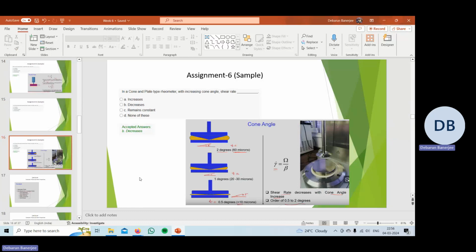It decreases. If you see, shear rate is inversely proportional to beta, which is the cone angle. So with increasing cone angle, shear rate decreases, in the order of 0.5 to 2 degrees as shown.